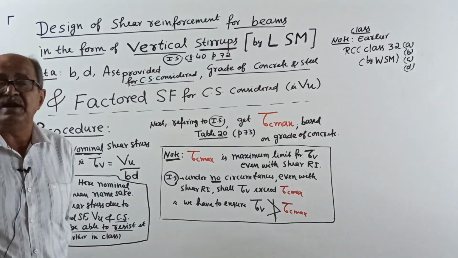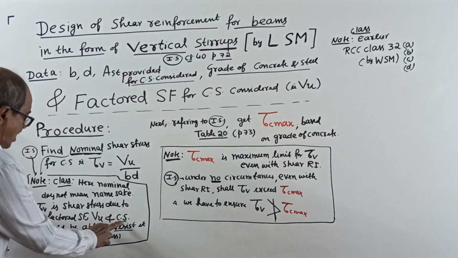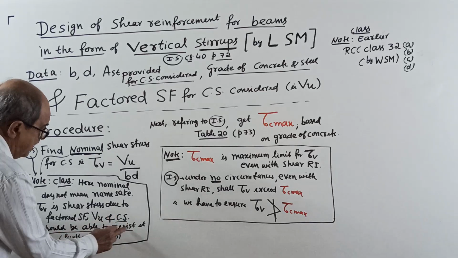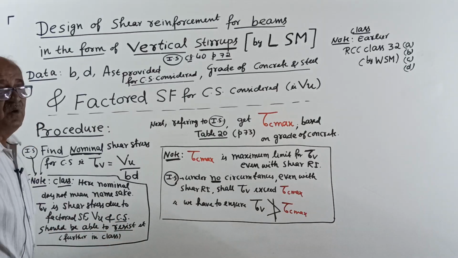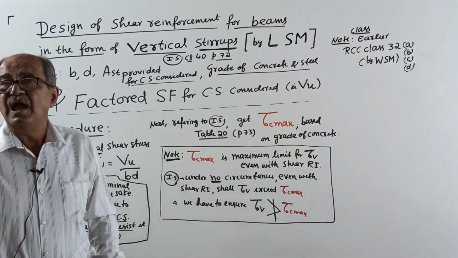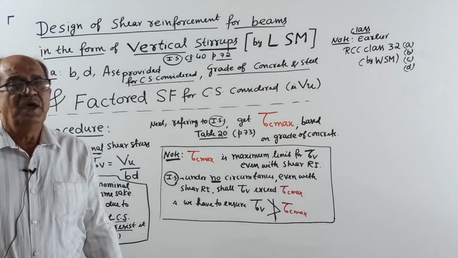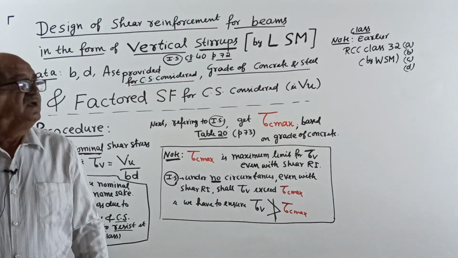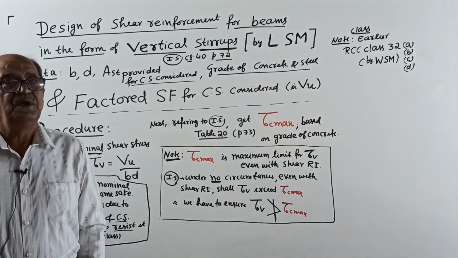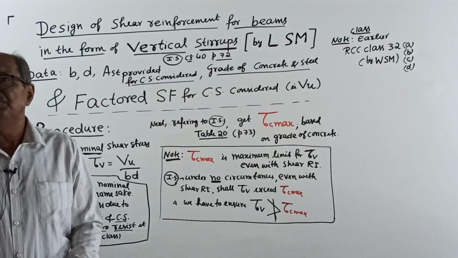So, very, very important. And the cross section should be able to resist it. Later, I will give an example for you. Tau V, I will tell you: today you have gone to a restaurant and you took the food. The bill will come. How much bill do you have to pay?